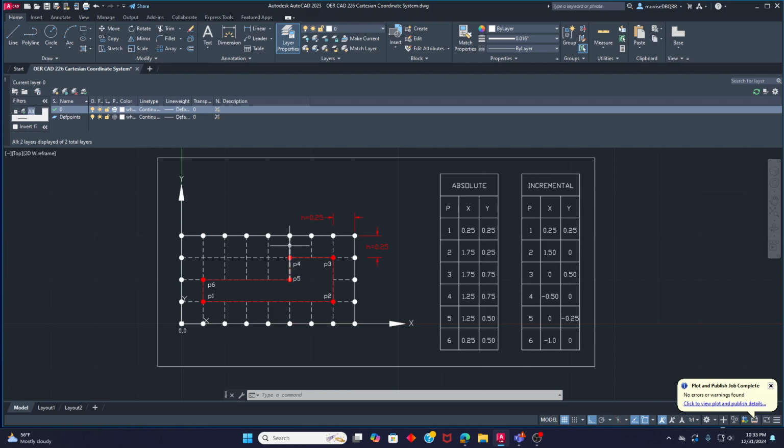So it's just negative 0.5. You're right here. You're going to go to point 5 next. You're going to go 0 in the X and negative 0.25 in the Y. So you're right here now, and you want to get to point 6. You're going to go negative 1, because 1, 2, 3, 4 times 0.25 is 1 inch, right? So you're back here at negative 1, 0.